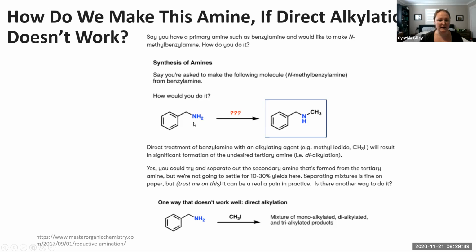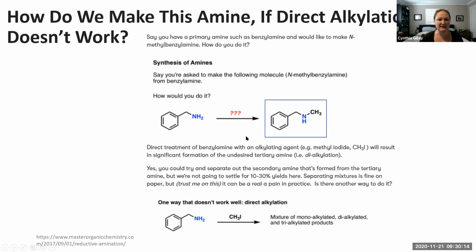And that's because amines are nucleophilic enough that they don't stop after one alkylation. They will make N-methylbenzylamine, but they can continue reacting with the methyl bromide or methyl iodide to introduce a second methyl group and even a third methyl group, all the way up to the quaternary ammonium salt.